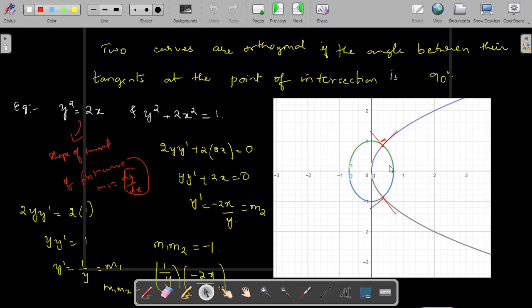In case only at a particular point of intersection the angle is 90 degrees, then they will specify, prove that these two curves are orthogonal at this particular point. Now these two curves are orthogonal because at every point of intersection the angle between the tangents is equal to 90 degrees.